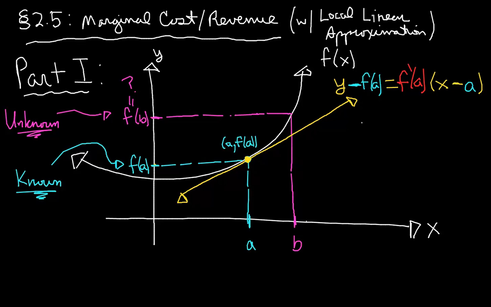So now the question is, how can we use this formula to get a reasonable approximation for the function at the point x equals b? And it's actually really simple. You see, this line is pretty close to the graph. In fact, it touches it exactly at x equals a, but otherwise, at least in this function, it's pretty close. And so instead of taking the exact value of the graph, because we don't know it, we're going to take the value on the line, this y value on the line.